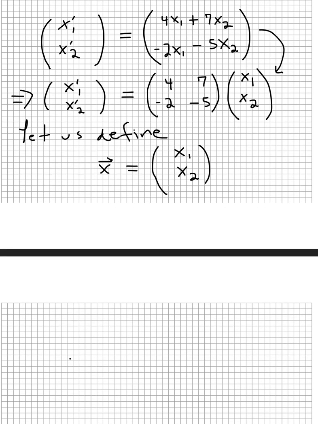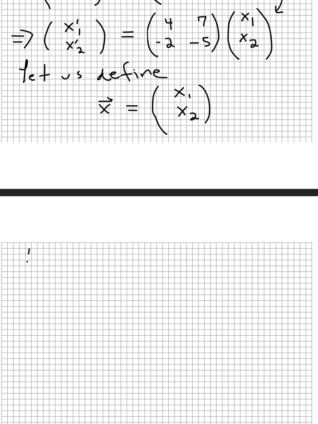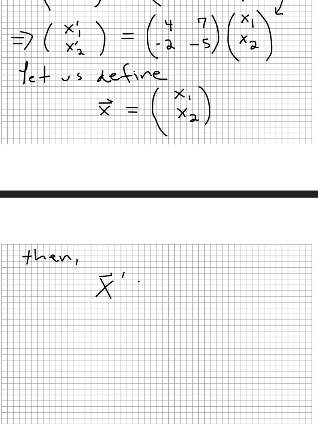With that being said, we can then state that x vector prime, so we can take the derivative of a matrix, is going to equal x prime 1, x prime 2. And that's how you take the derivative of a matrix. You take the derivative of every element in the matrix. Okay, just so you guys know.